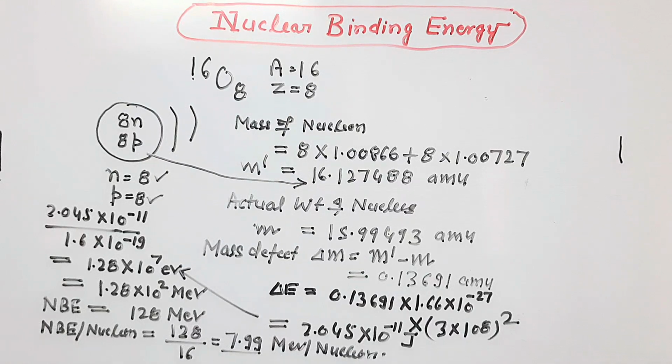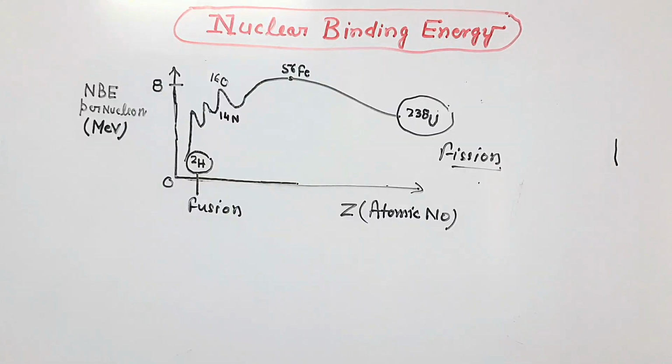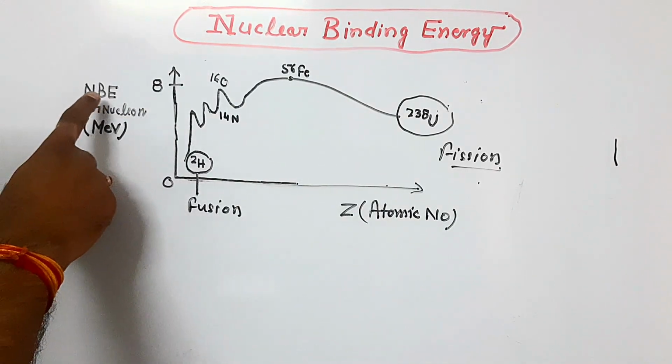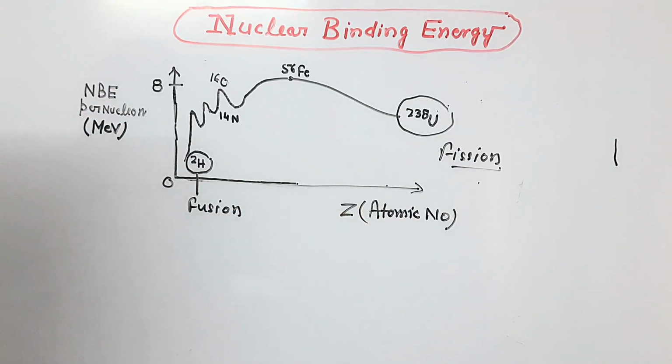In the same way, we can calculate the nuclear binding energy for all nuclei present in the periodic table, and then we get a nuclear binding energy per nucleon curve and predict the stability of nuclei based on this curve. Once you plot the nuclear binding energy per nucleon value against the atomic number of elements, you get this type of curve.